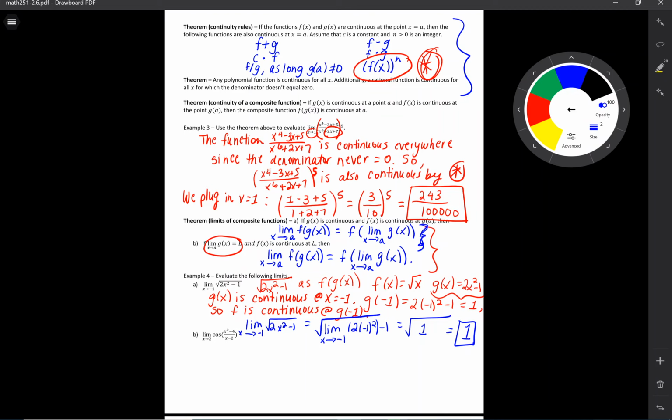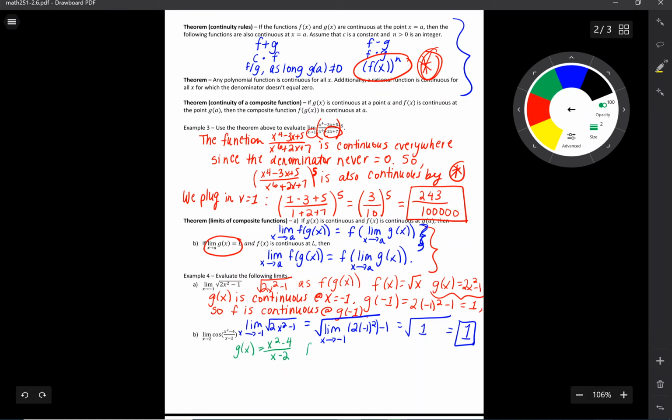So I need to first decompose my function into two parts, my inner function and my outer function. So my inner function, g of x, is x squared minus 4 over x minus 2.